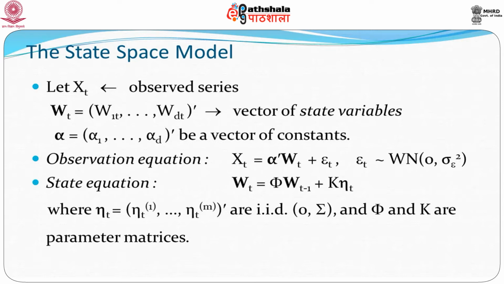The state equations, which are formed from the latent variables, are w t is equal to phi w t minus 1 plus k eta t, where the eta t's act as the errors, and these are IID with 0 mean and variance sigma. Phi and k are of course the parameter matrices. So, this is the setup that we have got.